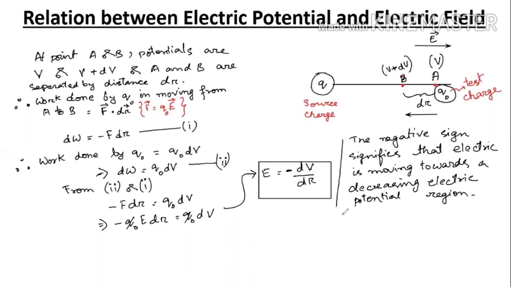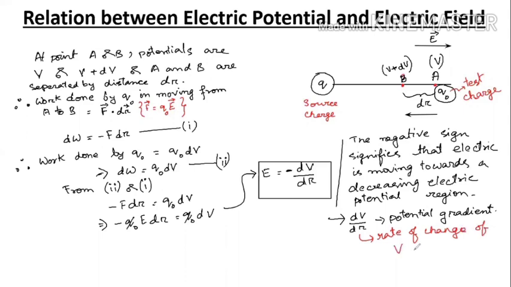And this factor dV by dr is known as potential gradient. So what it means is that it's nothing but the rate of change of potential, let's say V, with respect to distance, that is r.